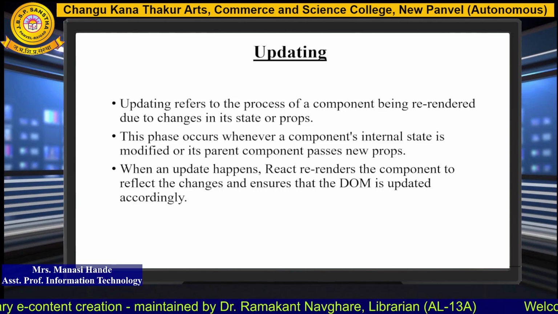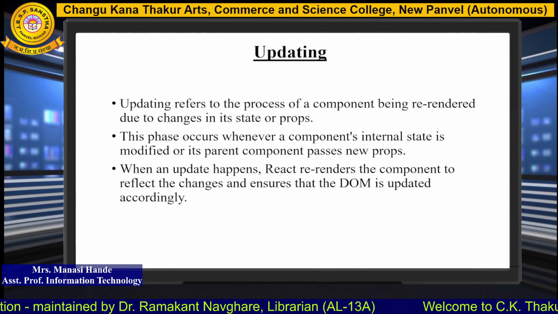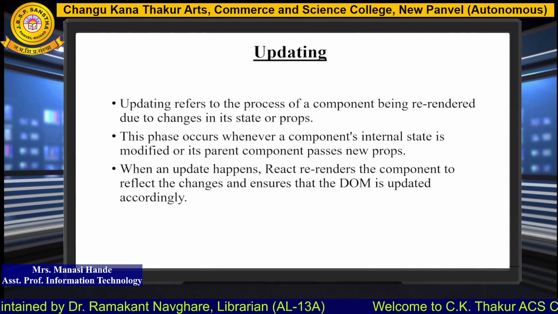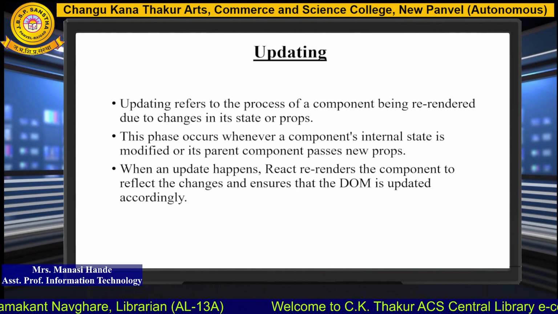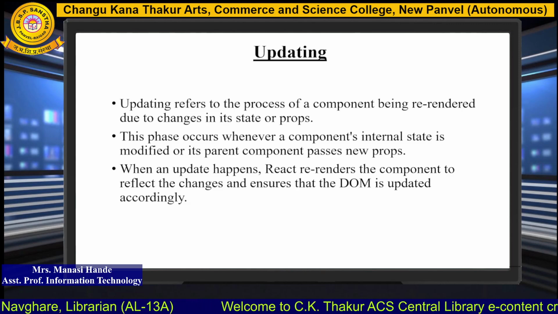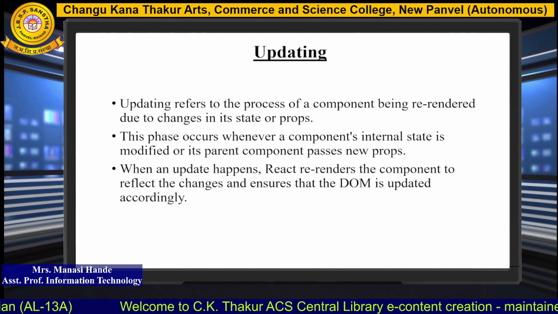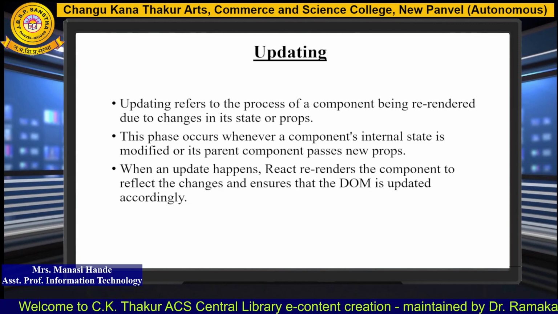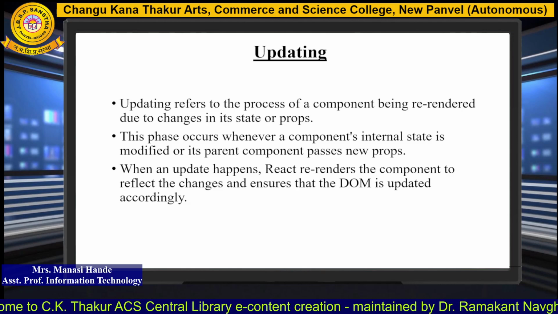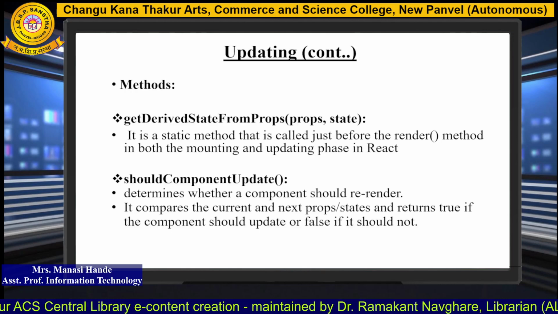Second phase is updating. Updating refers to the process of a component being re-rendered due to changes in its state or props. This phase occurs whenever a component's internal state is modified or its parent component passes new props. When an update happens, React re-renders the component to reflect the changes and ensure that the DOM is updated accordingly.